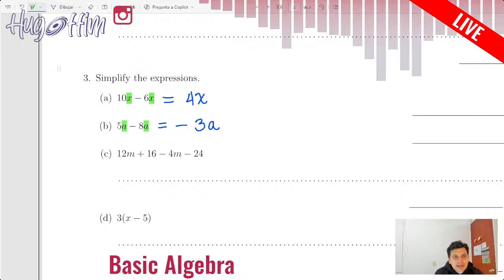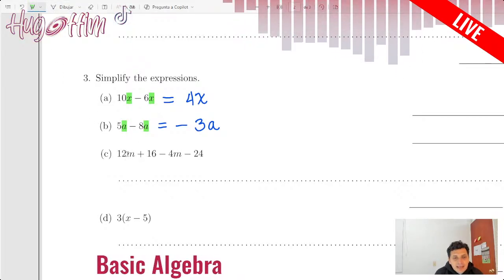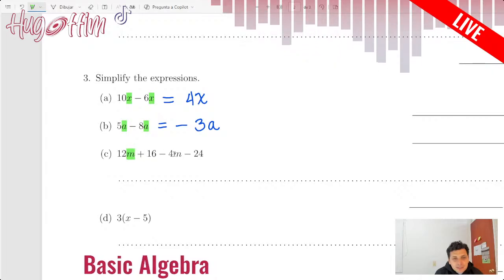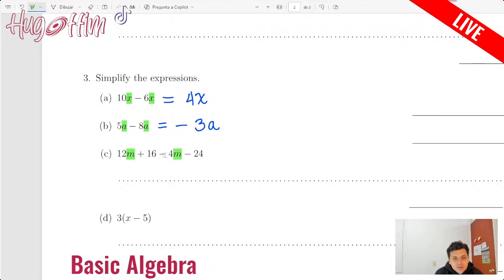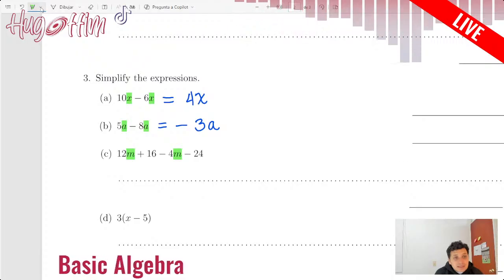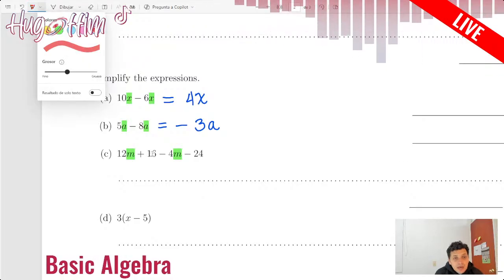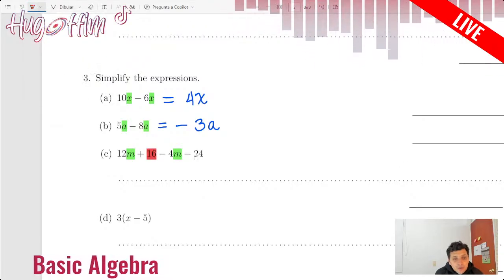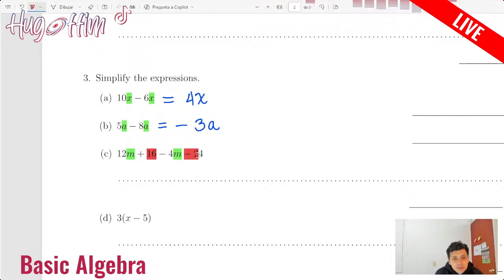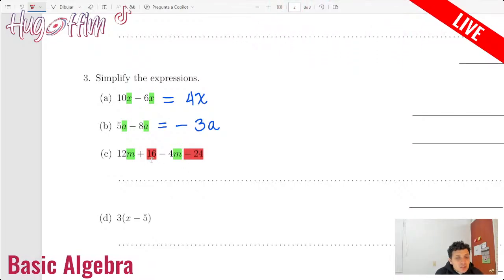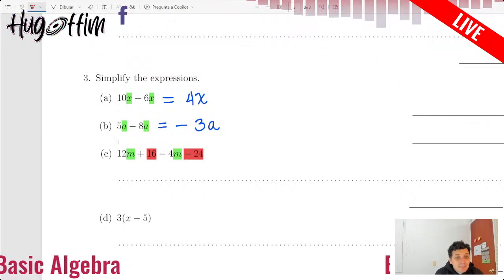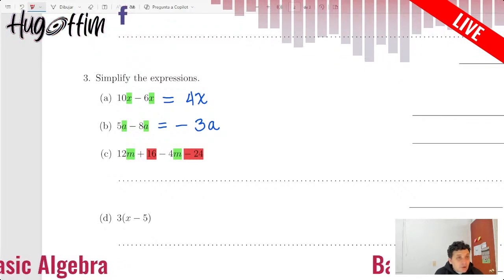This is how you can identify like terms. Look at here, this term with this term. These two are like terms, but these two are not like terms with 12 and 4, because these two have no variables. So I cannot add them all together.